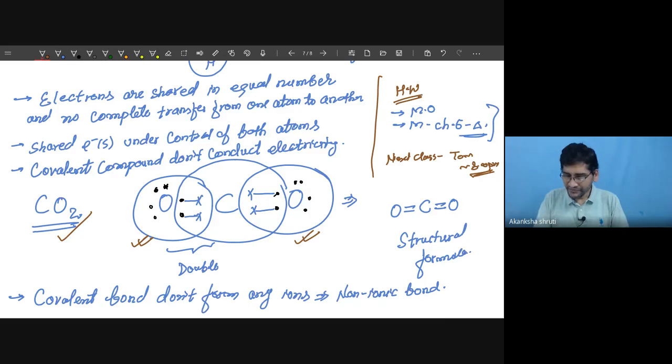In this way, we observe that the shared electrons are under the control of both the atoms, and these shared electrons are counted twice, meaning once for each atom.